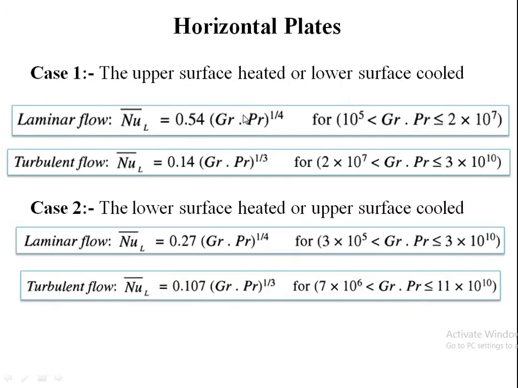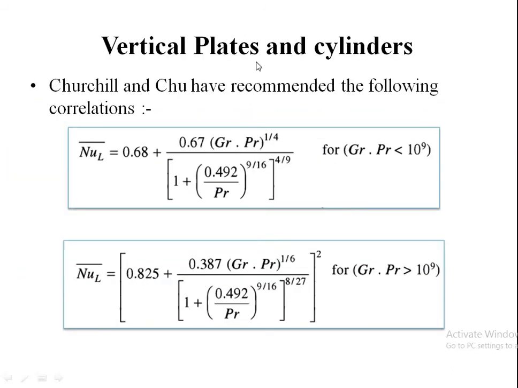Now for the vertical plate and cylinder, Churchill and Chu also recommended an equation. So according to Churchill, the average Nusselt number can be written as 0.68 plus 0.67 (Gr multiplied by Pr) raised to 1 by 4 divided by [1 plus (0.492 divided by Pr) raised to 9 by 16] raised to 4 by 9.